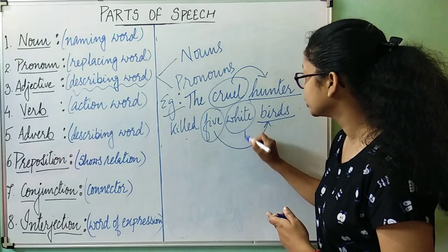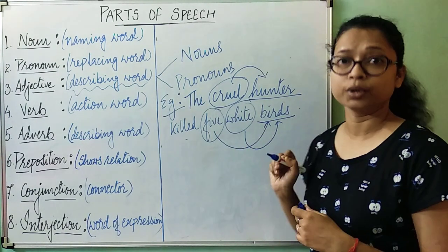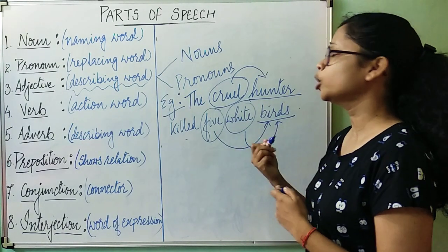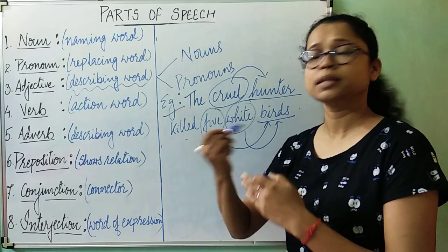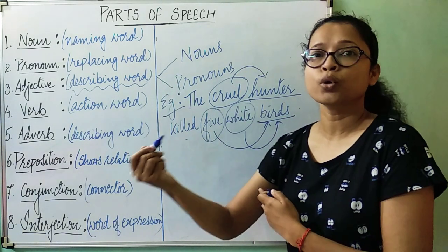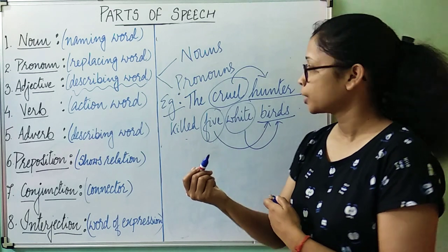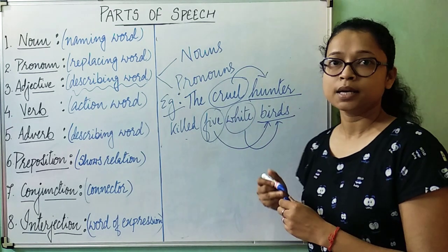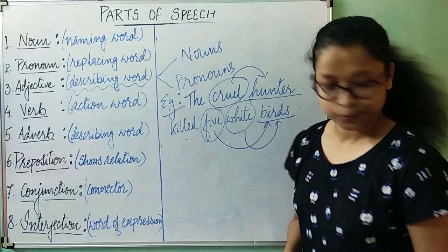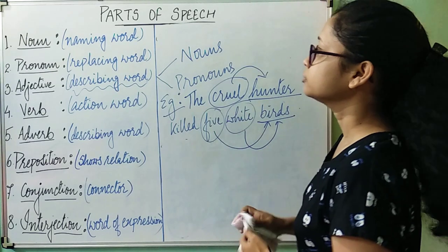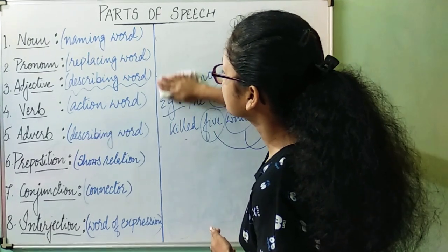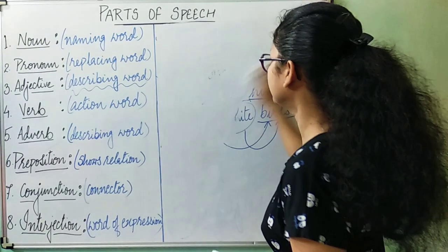And white is the word that is telling us about the color of the birds. So these words are telling us something more. These words are describing the nouns present in the sentence. Alright, so hope this is clear. Now next we are moving on to verbs.